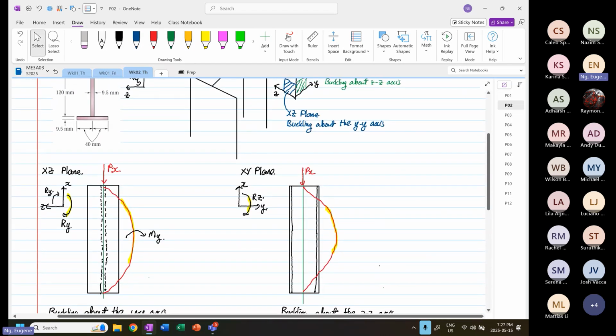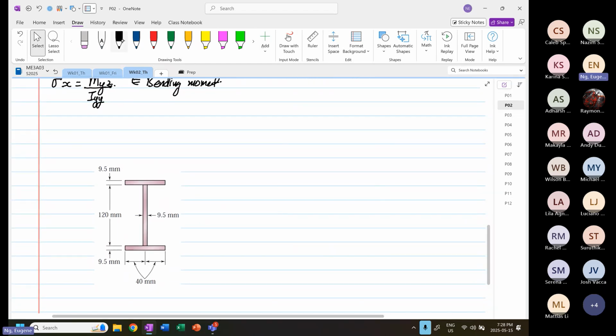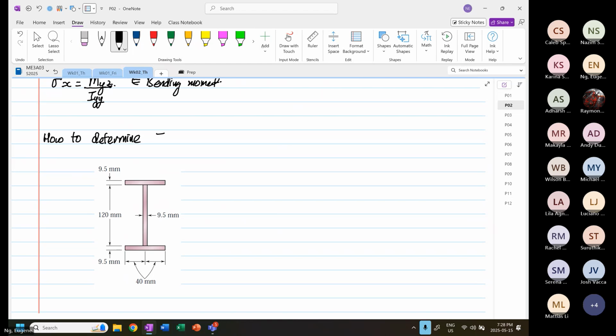The next thing that students often get confused about is the second moment of area, and I'm going to help you out with this. We are going to look at how to determine IYY or IY, and IZ.